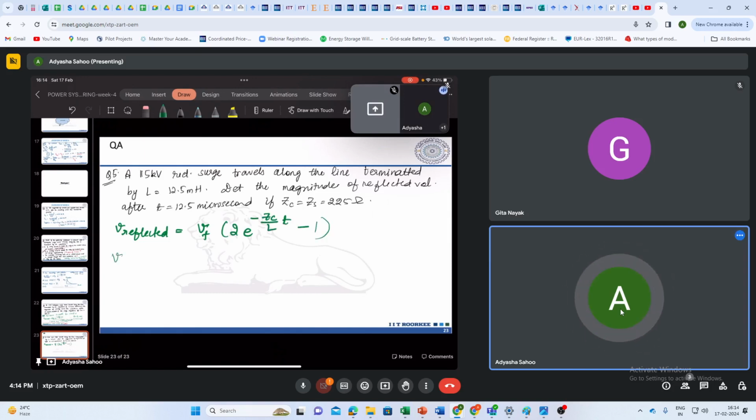So V reflected will come as 115 into 2 into e to the power minus 225 divided by 12.5 into 10 to the power minus 3 into 15 into 10 to the power minus 6, minus 1.